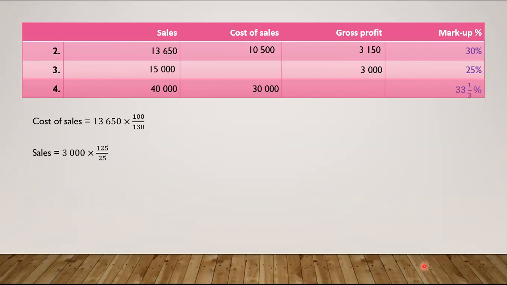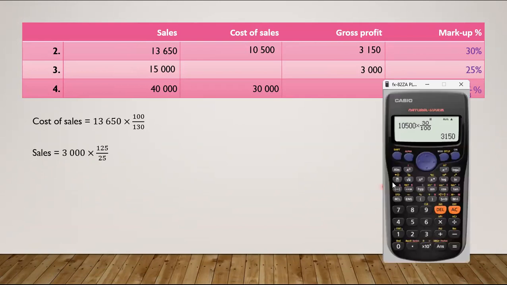What if I wanted cost of sales using gross profit? If I was using this 3,000, I was going to take that 3,000 multiplied by 125. Well, I want cost of sales, so I was going to multiply it by 100 and divide it by 25. That is because the 3,000 is the gross profit.